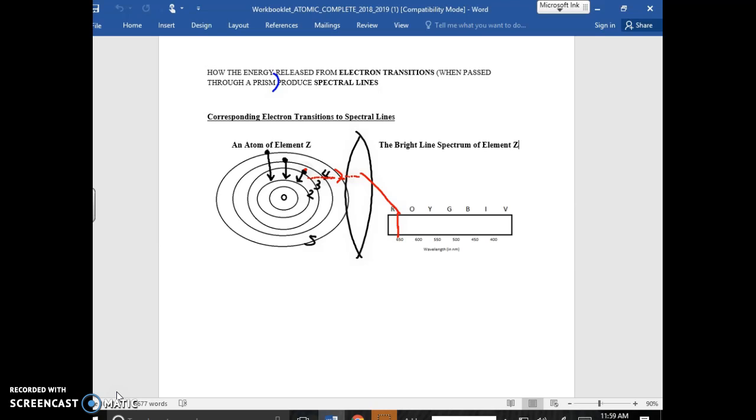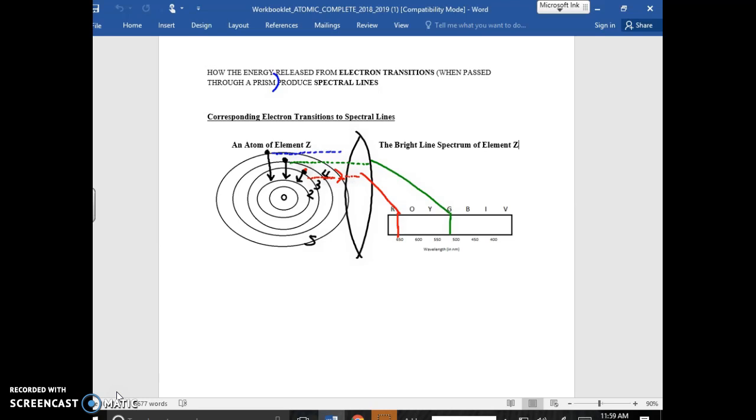Let's say that the second transition here has more energy, and it's also going to give a photon of light, and the prism is going to scatter that packet of energy a little bit more, and that's going to produce a green line. The final one is the biggest change in energy, and therefore it's going to produce light of the greatest energy.